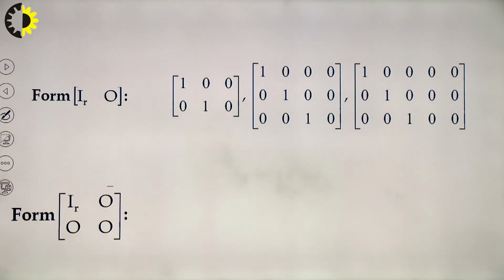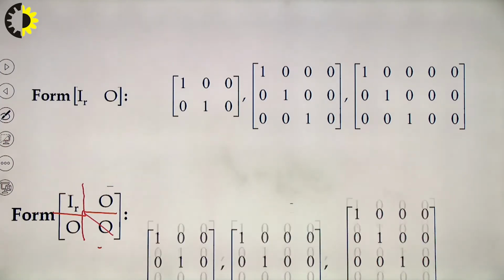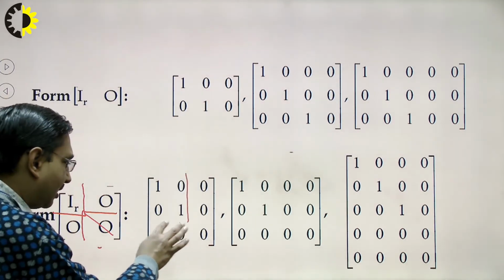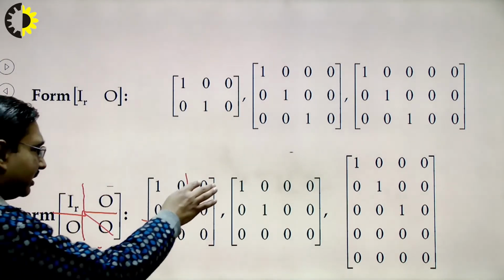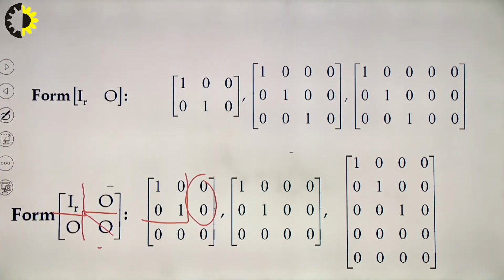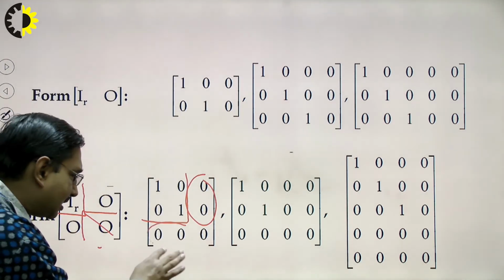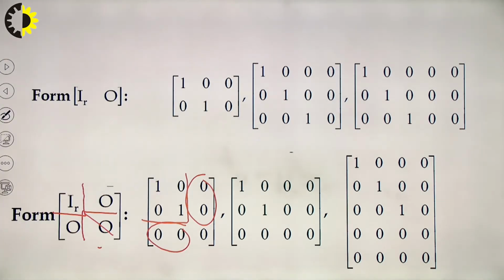Now, we move towards the last form. According to this form, the identity matrix is in the uppermost left corner, the elements after I_r must be 0, the elements below I_r must be 0 and the remaining elements left over in the diagonal part must also be 0. Thus, here is the identity matrix, the elements on the right of the identity matrix are 0, the elements below the identity matrix are 0 and the remaining elements are also 0.